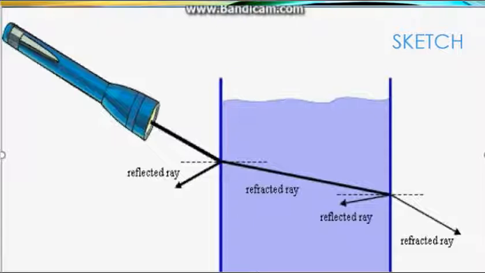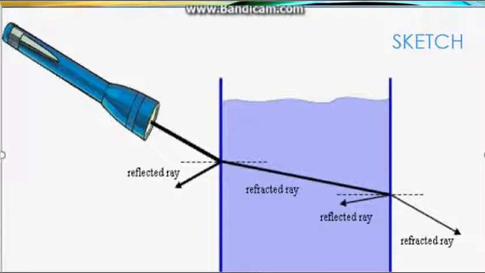This is the reason why we see things that look kind of funny because of refraction. Sometimes it has to do with this bending of the light through the medium in which it travels, like say a glass of water.